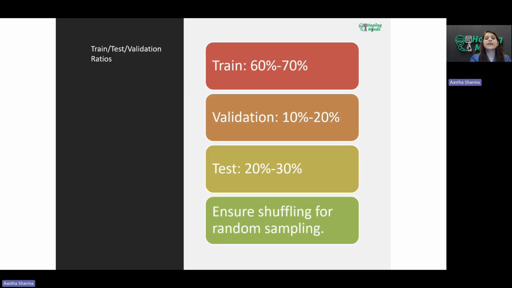Moving to the next one, here you are going to understand a very common question: how much data should go into training, testing, and validation? A good rule is 60-70% training, 10-20% validation, and 20 to 30% testing. Not more than that.